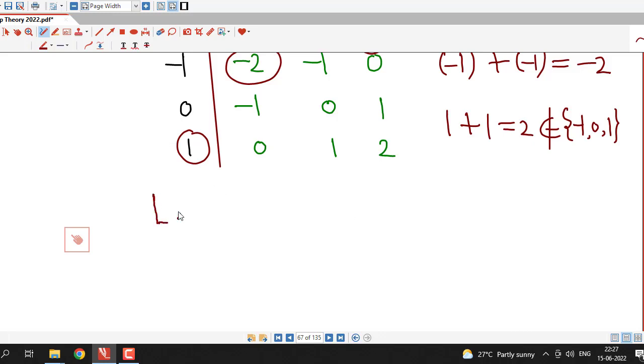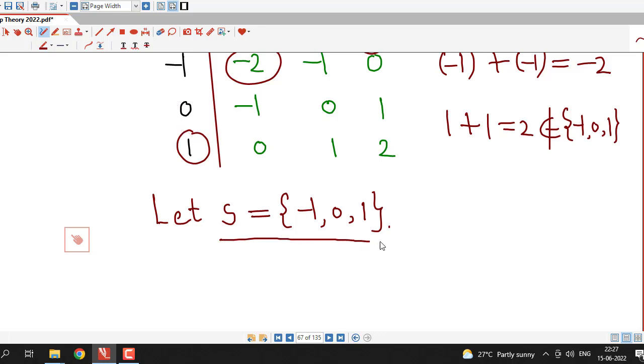First we denote the given set, let capital S equal -1, 0, 1, and we know that addition is a binary operation on this set S if addition of any two elements is also in this set.